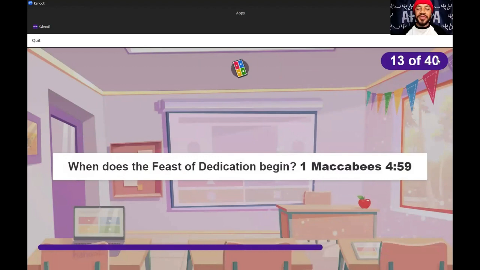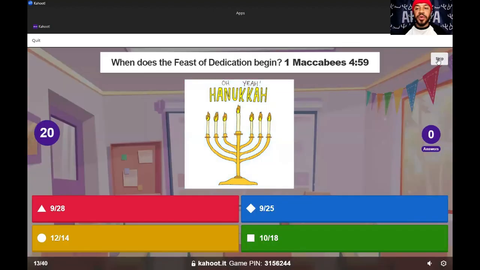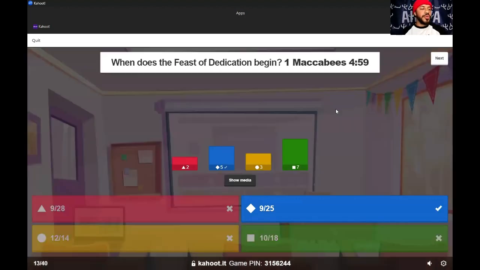When does the Feast of Dedication begin on the Hebrew calendar? Is it the 9th month on the 28th day, red, 9th month, 25th day, blue, 12th month, 14th day, yellow, 10th month, 18th day, green? This is the Hebrew calendar. 3, 2.